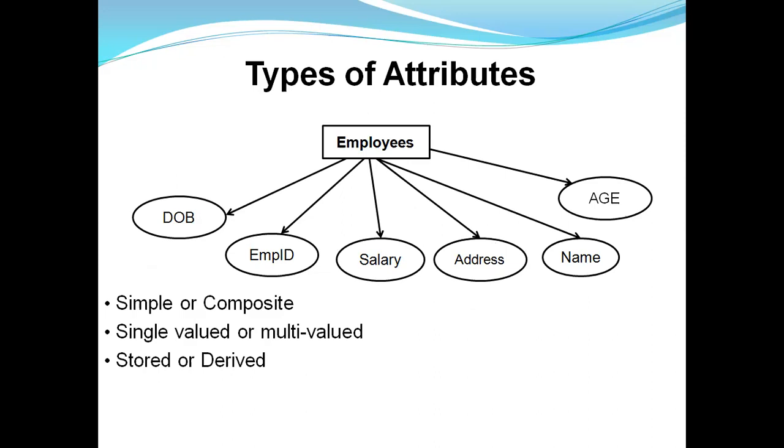First is called simple, second composite, multi-valued, or derived. Simple means when an attribute has a single or a simple value. When any attribute has a combination of more than one value, then it is called a composite.